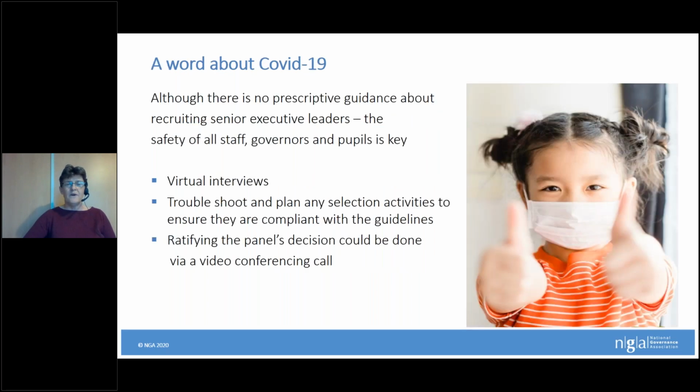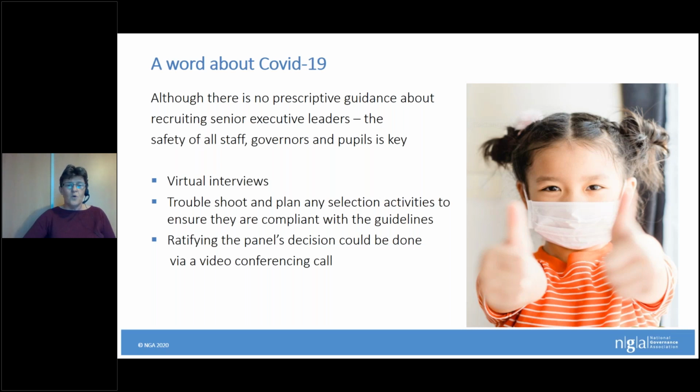Before we start, a little word about COVID. Although there's no prescriptive guidance about recruiting senior executive leaders, boards, as always, must be mindful of the existing guidance, and it is paramount that the safety of all involved, so staff, anyone who's applying for the role, governors and pupils, is key throughout the whole process.